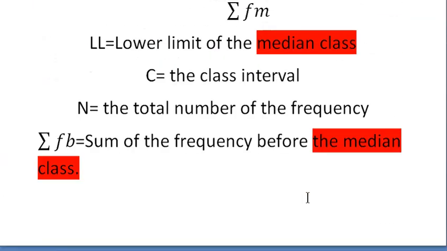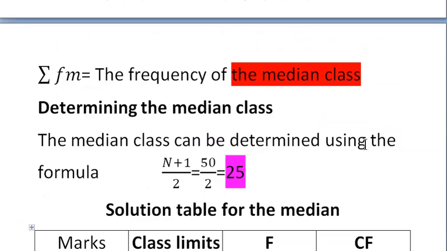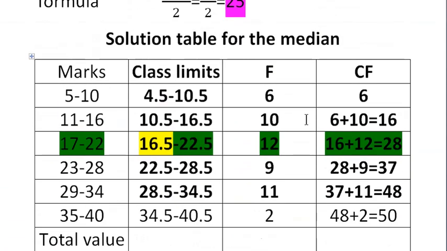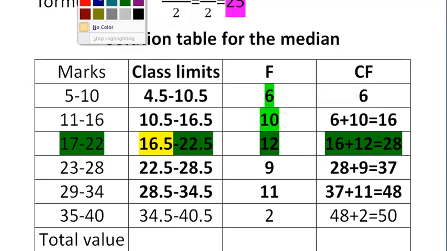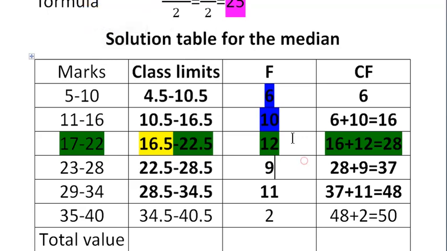Then what is the next value here? Sigma FB, which is the sum of the frequency before the median class. Now when you come to this frequency, you sum the two numbers we see before the median class. That is 6 and 10. We have to add these two.